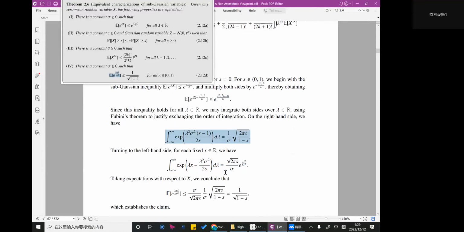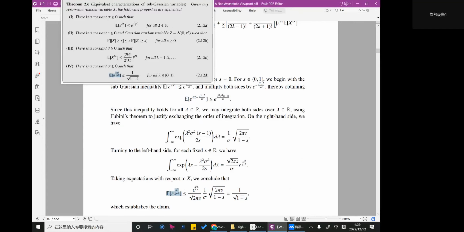So we can take expectations with respect to x. Then we get this result. So take expectations with respect to x. Let me say, we want to conclude this result, expectation of this.